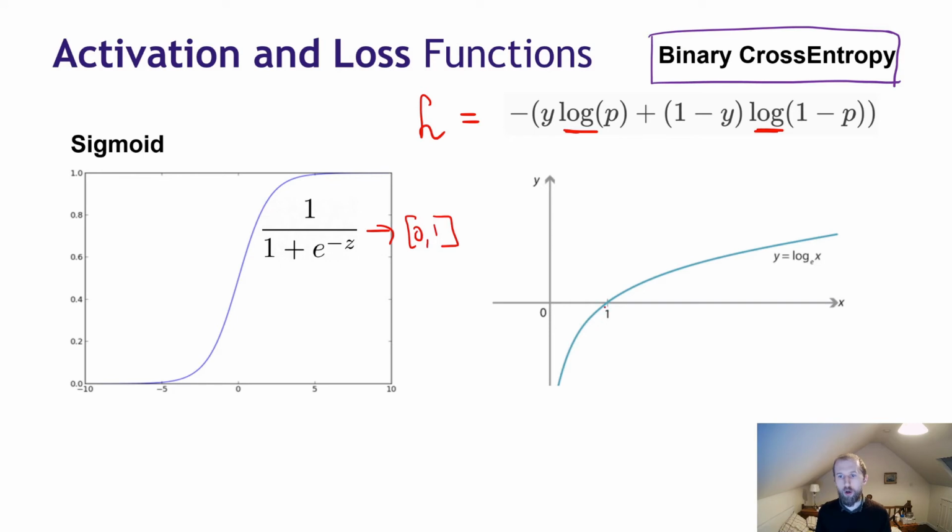You are always going to have a negative here. So this is why we have this negative function at the start here. That's just the reason for that. It can be a little bit confusing when you first see it. So this log function is going to map everything to a negative value between 0 and 1, and we'll see why that is useful.